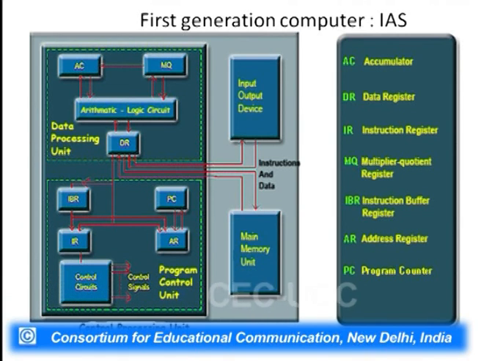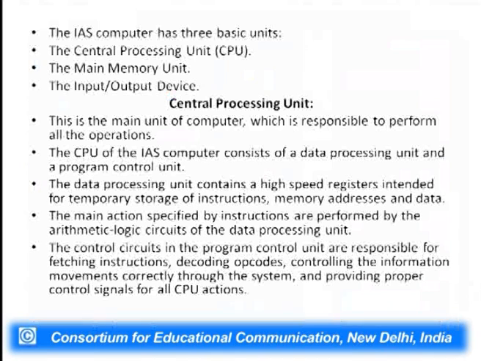Now, the CPU is divided into two parts, the data processing unit, the main block into which is the arithmetic logic circuit, and the control unit, which has different control circuits and different registers for carrying the information between the data processing unit and the memory and the IO devices. We will be discussing these one by one as we move forward.